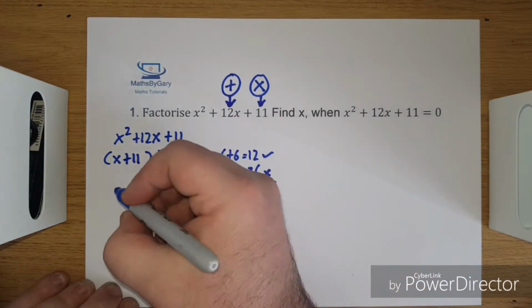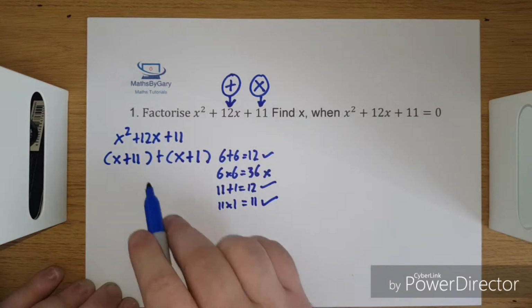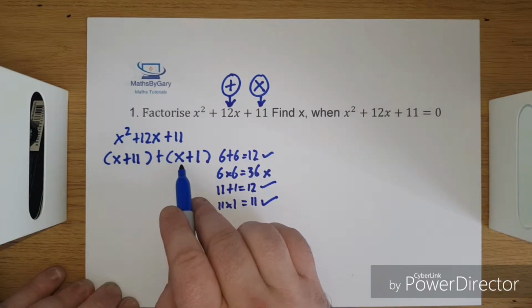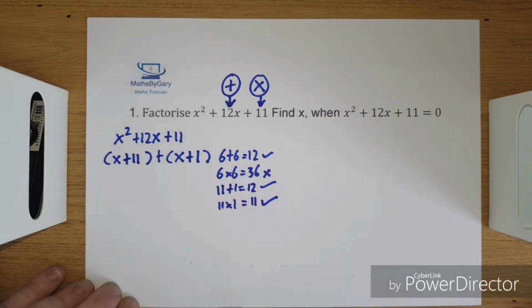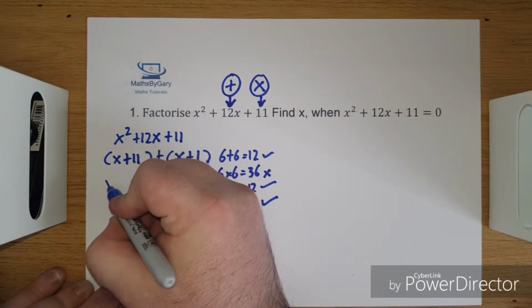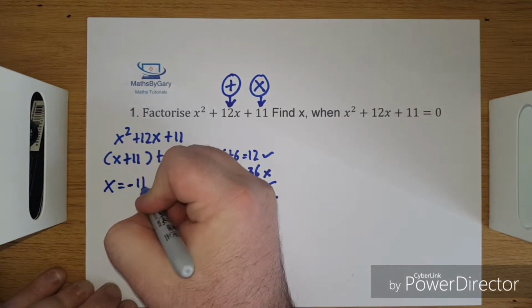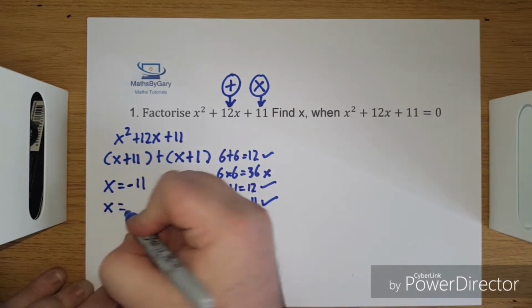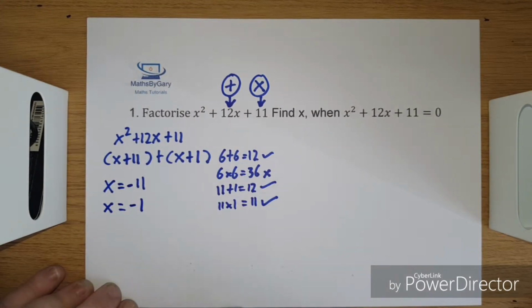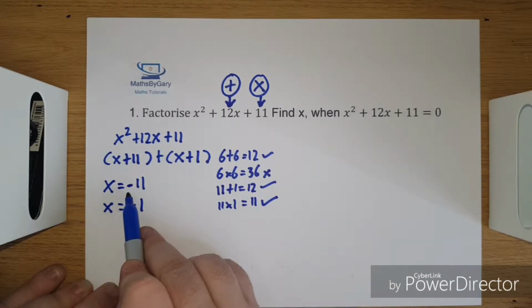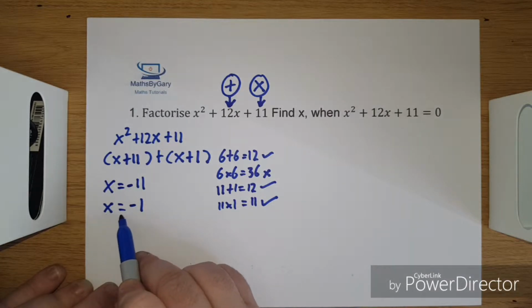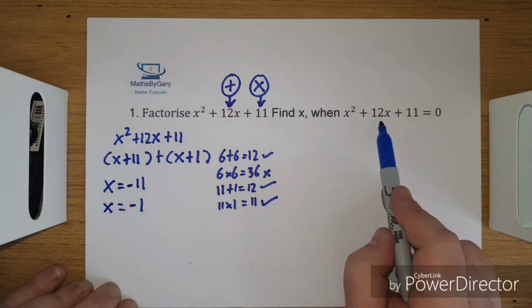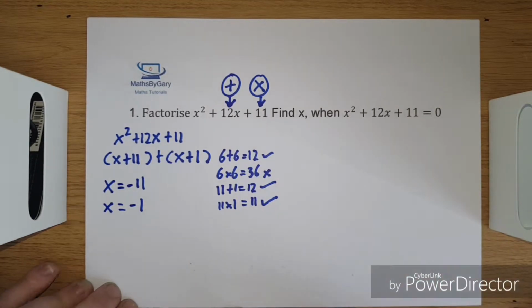So we know x plus 11 multiplied by x plus 1 gives us x squared plus 12x plus 11. So now the roots are x equals minus 11 and x equals minus 1. What that means is when x equals minus 11 and when x equals minus 1, x squared plus 12x plus 11 will in fact equal 0.